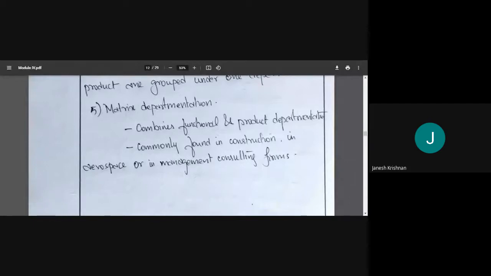So what are the common things? Even in dams, buildings, stadiums, and everything, there is a common thing: you have to design. We have design, we have construction, we have estimation. Like that, we will be having certain departments. Certain things have to be done. So the product is a dam, the product is a building.